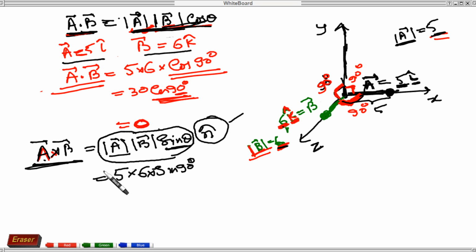Now we got the magnitude of A cross B. And how to find out the direction? I told you that you have to use the right hand screw rule.